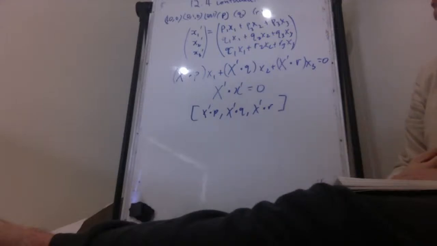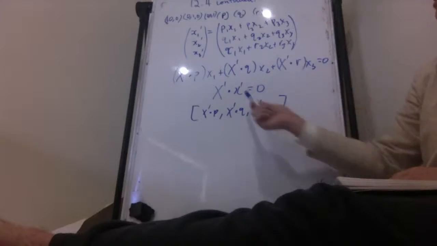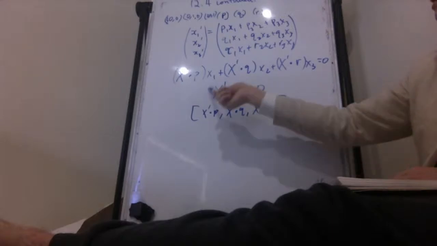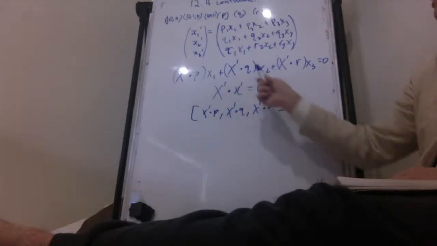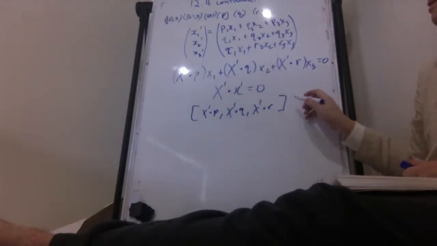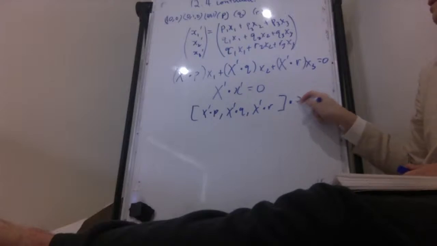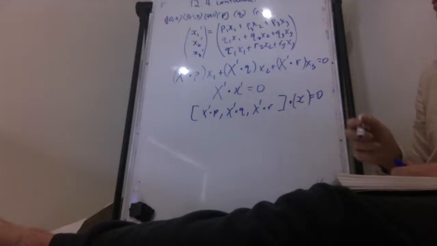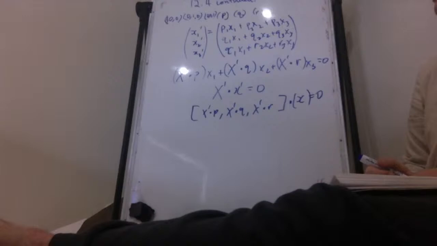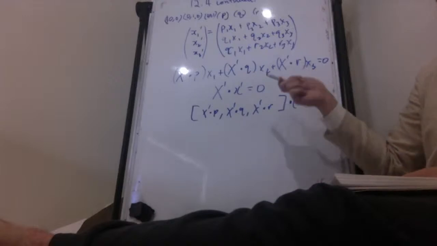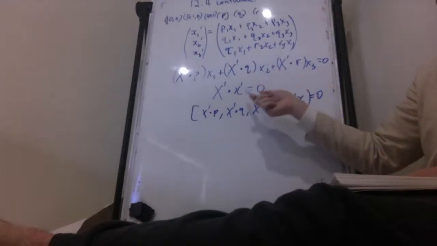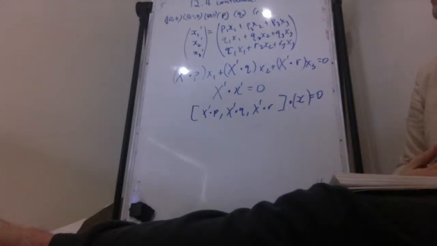If you have two definitions, one for lines and one for points, then preserving incidence is just preserving this relationship, and this equation is exactly saying that this dotted with x is equal to 0. That's probably a more symmetric view, as opposed to having just points and then showing that 3 points are collinear, 3 points lie on the same line.